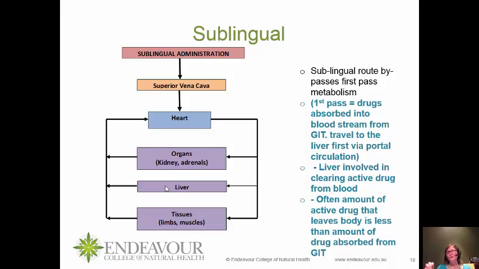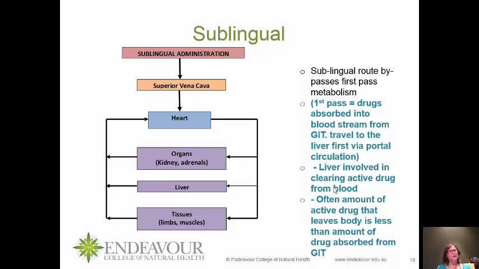When that happens, when a drug is absorbed by an enteral route where absorption actually happens from the gastrointestinal tract, there will always be high first-pass metabolism as that drug first passes from the portal circulation and into the liver, where the majority of biotransformation enzymes are found. So there'll be a large amount of clearance of that drug. It won't even reach the blood, the systemic circulation. It'll be cleared from that portal circulation.